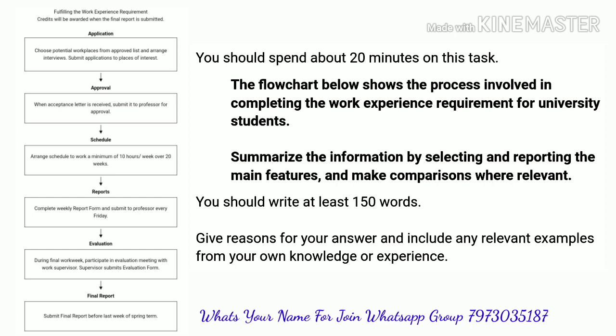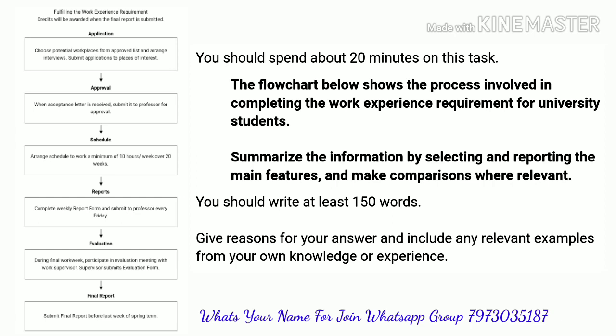No doubt you are scoring 8 in grammatical range and accuracy, 8 in lexical resources, 9 in coherence and cohesion, but your band in task achievement will be just 5.5 in case you skip any of the steps of your process chart or flow chart. So always remember to move accordingly along the arrows in your writing task 1, process chart or flow chart.